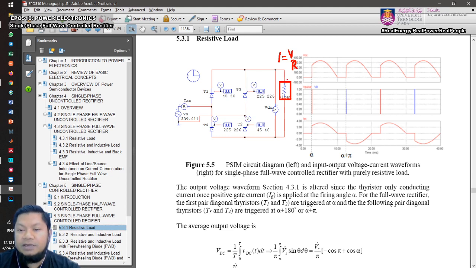So the shape of the output current will be equal to the output voltage, but scaled down by a factor of R. And therefore on the input side, the input will be carrying the output current in the positive cycle, and in the negative half cycle it will be the opposite of the output current. So this is the output current.